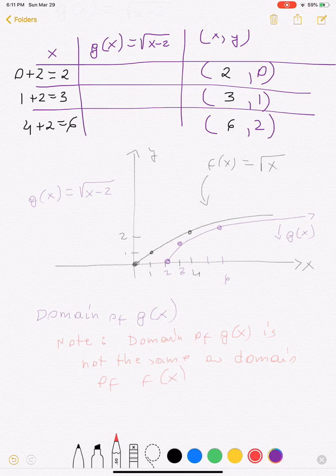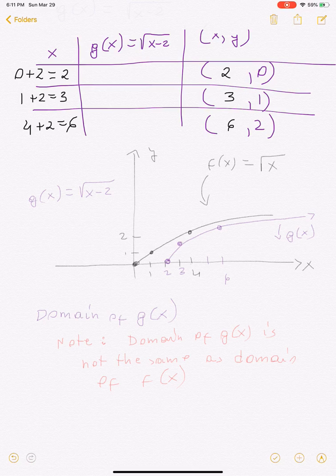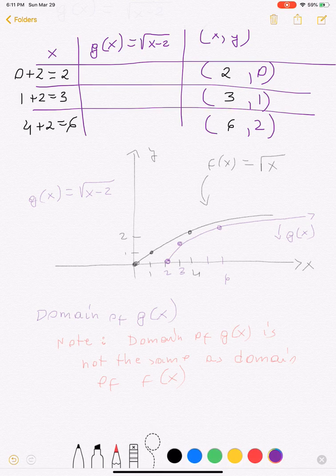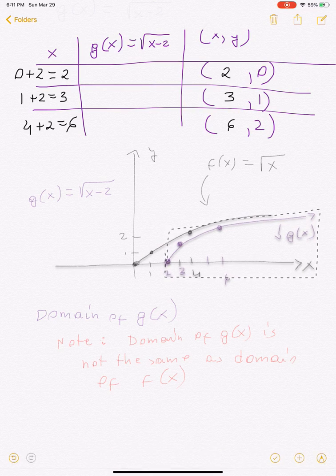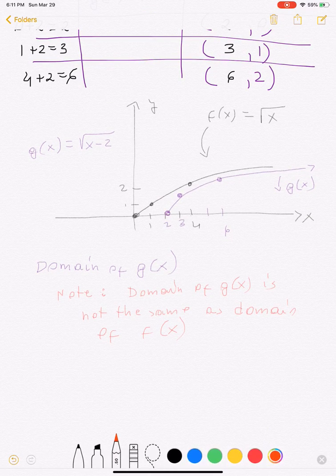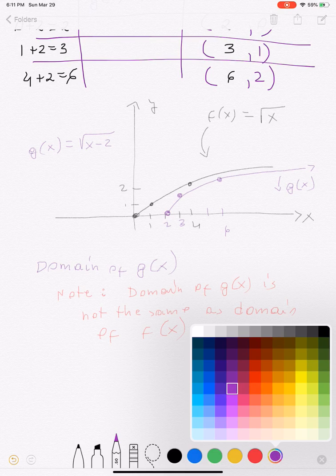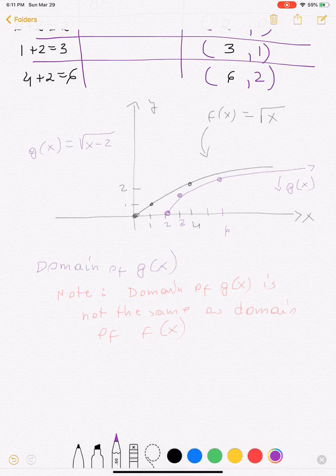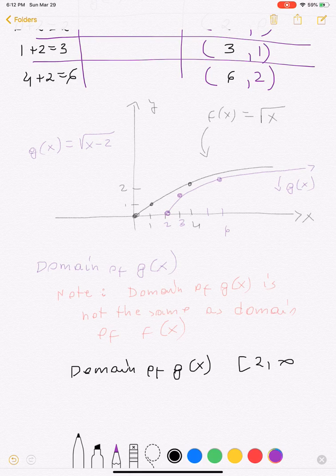Since we're pushing graph 2 units to the right side, domain will be different, and in our case the domain is from 2 to positive infinity. So domain of g of x are all the x's from 2 to positive infinity.